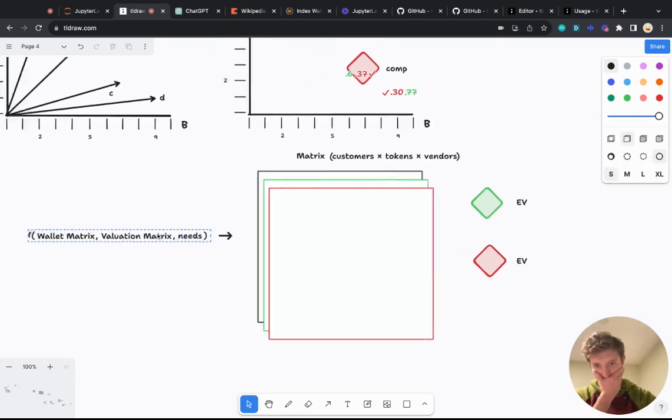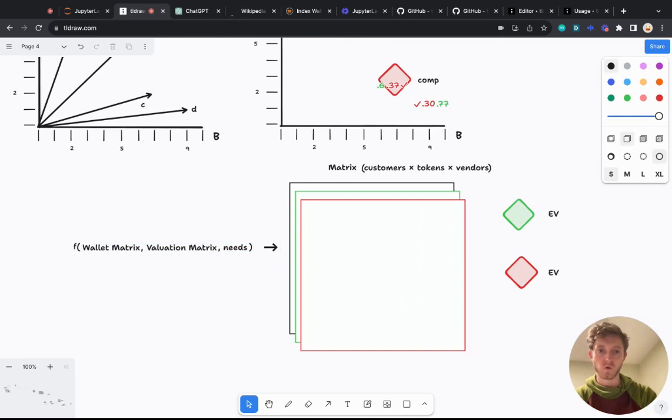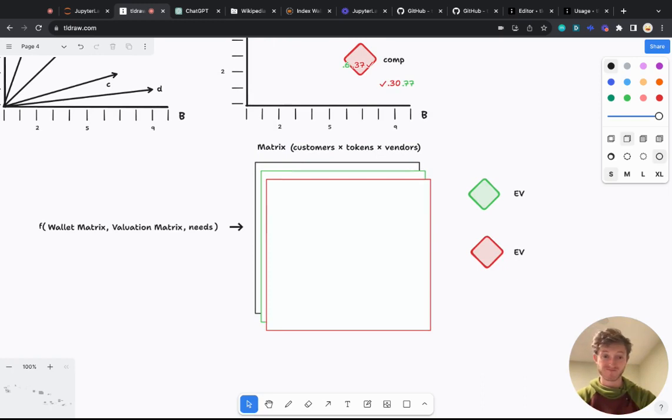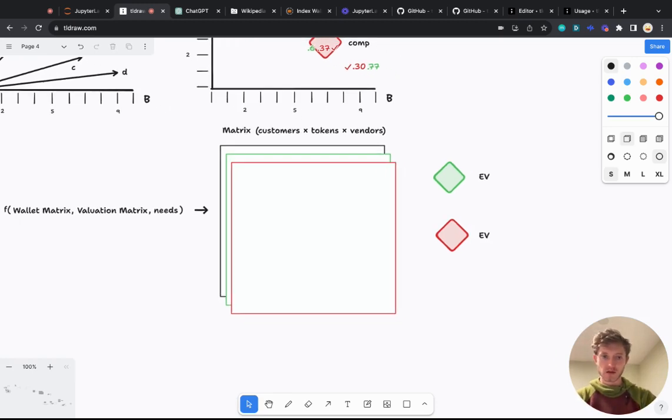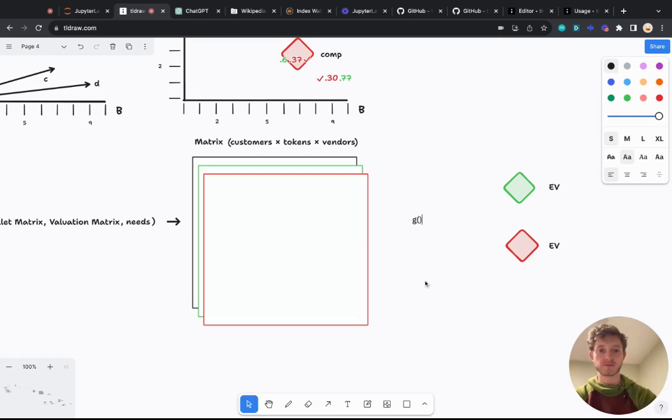Okay. Great. Now what do we do? Well, whatever this function is here, we need some g of this that then goes out here.